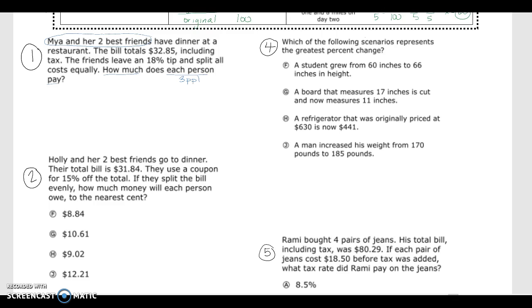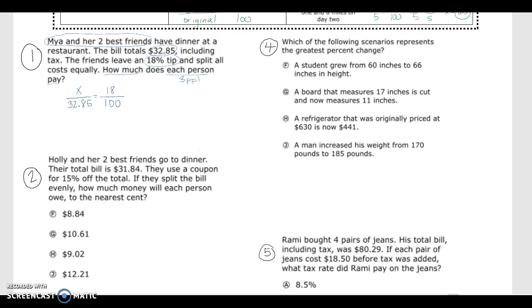Okay? So first thing, the total is $32.85 and we need to leave an 18% tip. So how do we find tip? Remember, we're going to do our part over total equals percent over 100. So we know we need 18 over 100, and then our bill total is $32.85. So we're going to do X over $32.85. Once we find X, that's going to be our tip, right?